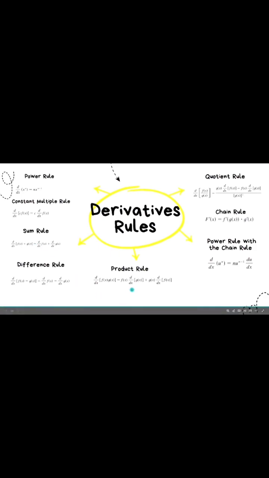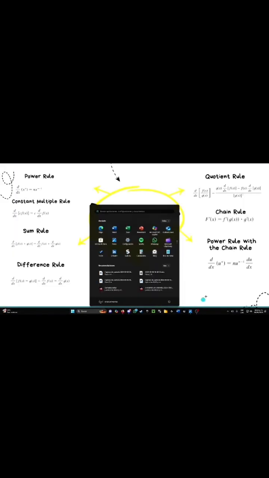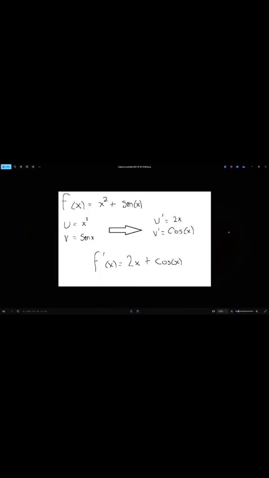Now we have one example of this. In this example, f of x equals x squared plus sine of x. The first step is to identify the two functions. u equals x squared, and the other is v equals sine of x.